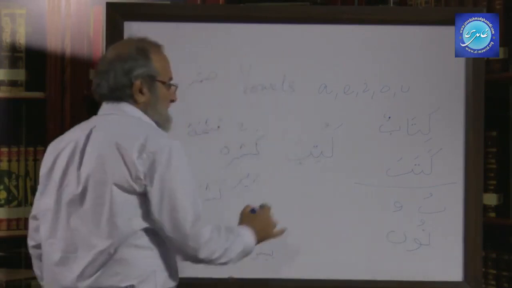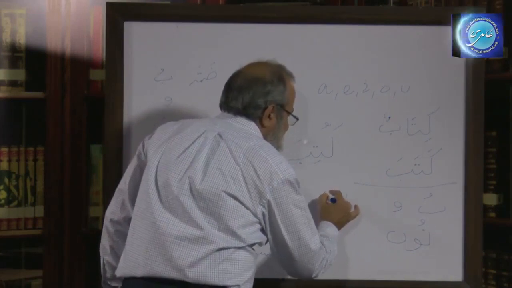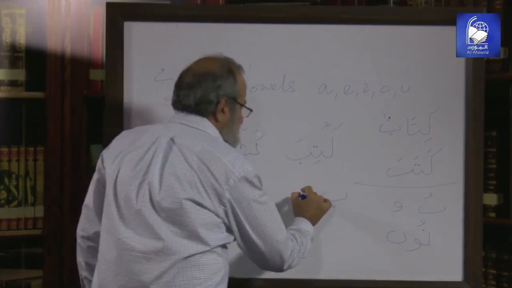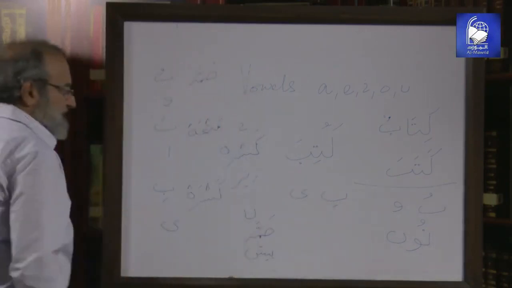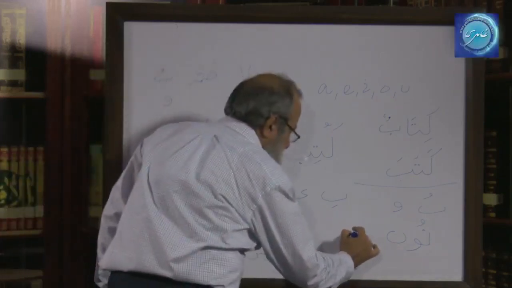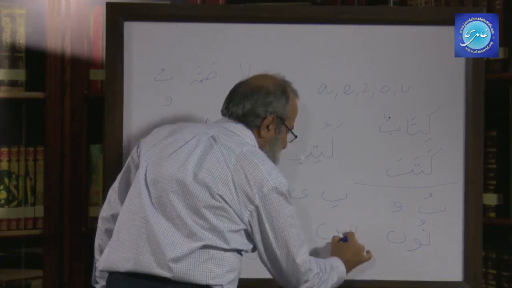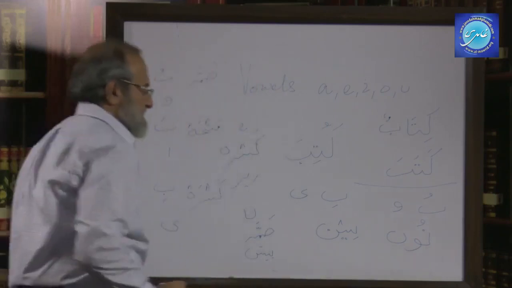And the third example is kasra, where you have kasra over here, and obviously the partner alphabet is ya, like here. And I write the word seen, kasra, ya, and noon.